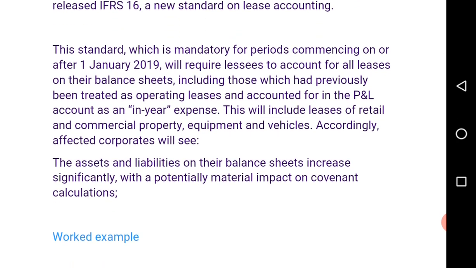So previously, when we were not supposed to capitalize the operating leased assets, we were required to expense it, but now the asset should be capitalized, and once an asset is capitalized, the balance sheet, now called statement of financial position, assets value would increase with the value of the operating leased asset.